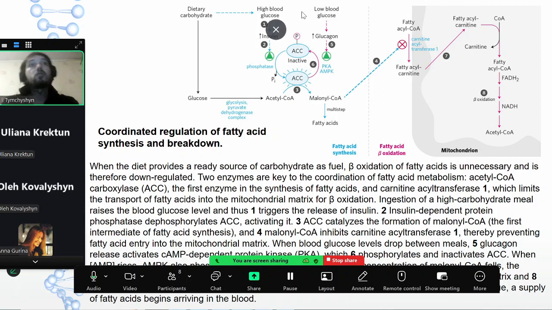Many enzymes turn on when being phosphorylated. This one does not, so it's not some sort of strict rule. So depending on the enzyme, it may be turned on or off with the phosphorylation, and that depends on the exact enzyme you're dealing with.